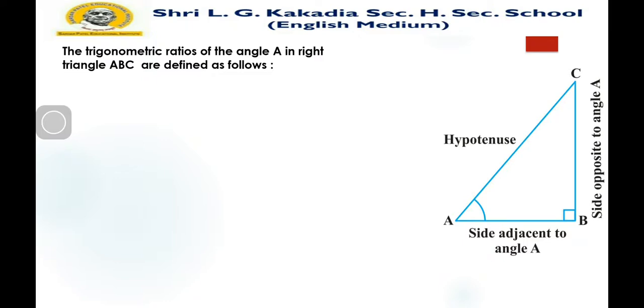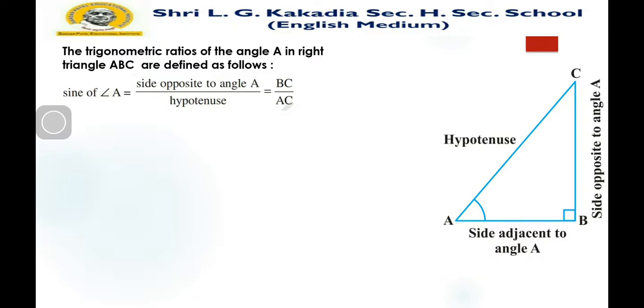We are going to write the trigonometric ratios according to angle A. Here AB is the side adjacent to angle A, BC is the side opposite to angle A, and AC is the hypotenuse. The first ratio, a relation between two sides, is sine of angle A.